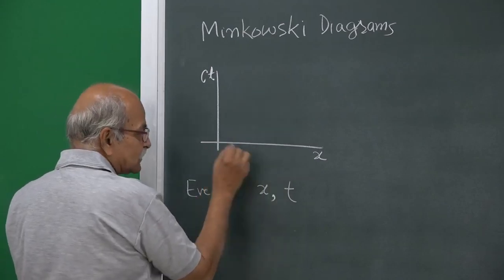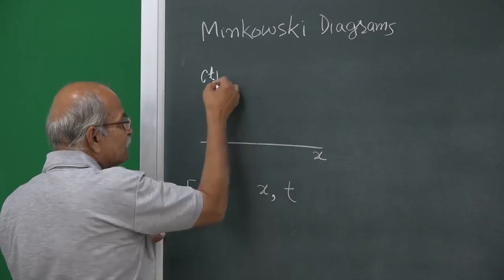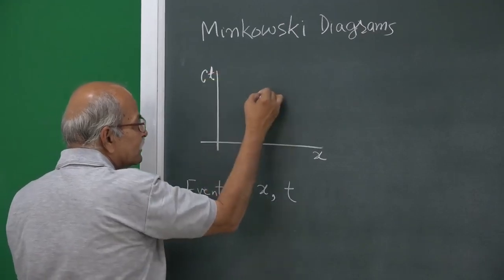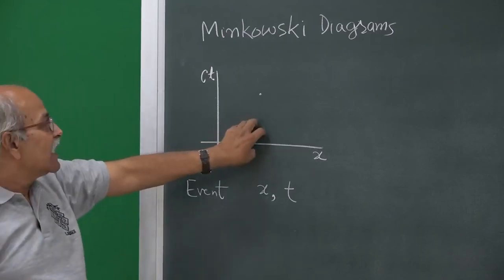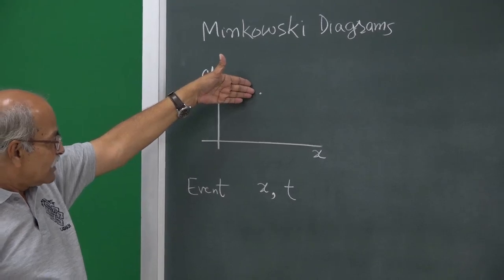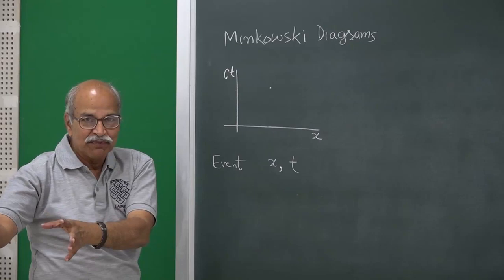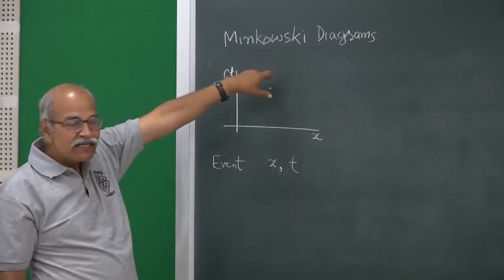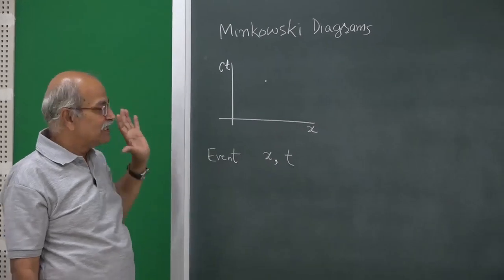If the event occurred at this x and at some time which corresponds to this Ct, then there is a point. So, each point on this diagram corresponds to an event, and each event that has occurred somewhere in space has a corresponding point on this Minkowski diagram. So, this is the first thing to learn.